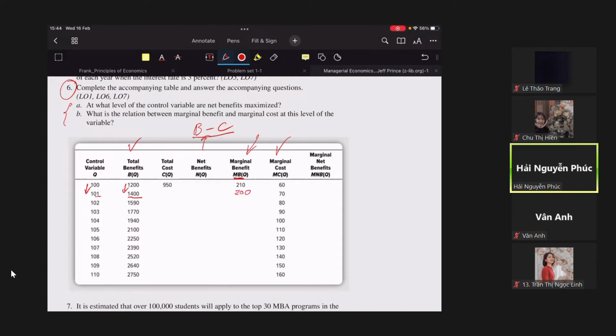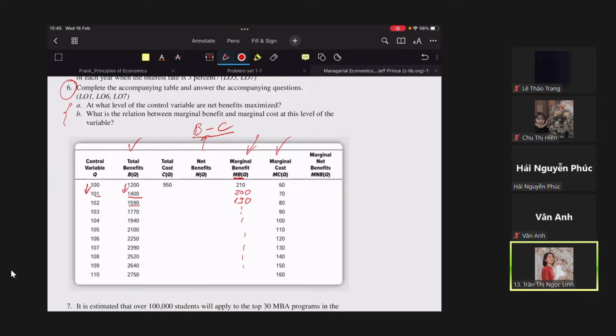Next it is going to be 1,590 minus 1,400, so it is 190, and so on. Okay, pretty simple. Now, what about the total cost? How will you fill out the column of total cost?